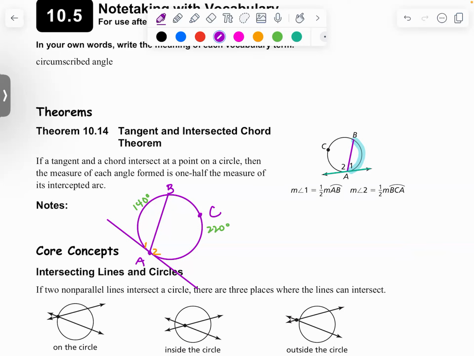That is a 220. Okay. What's true about 220 and 140? They add up to 360.